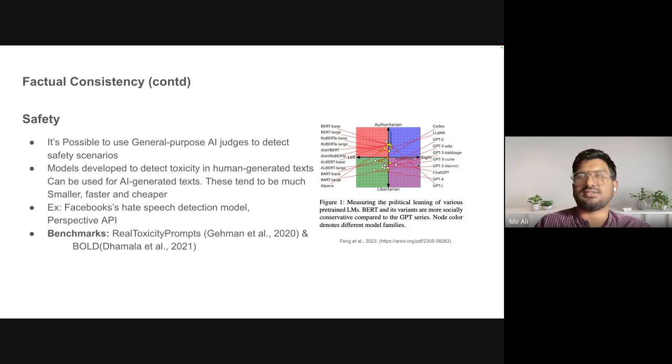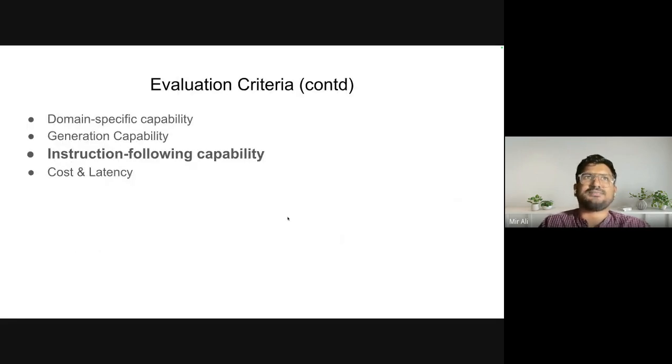It's quite an interesting graph, where we can understand that it's not all about just training, but the data we give to the model and what it has inferred from the training data sets. There are benchmarks to detect toxicity in prompts, and a few for safety. One is RealToxicityPrompts, and another is BOLD by Dhamala et al. So that is it for safety.